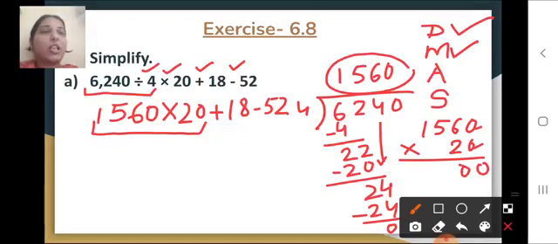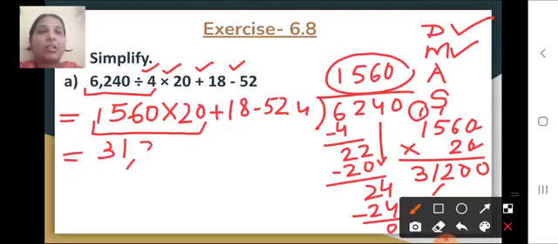And now we'll multiply 6 2s are 12. 1 will be carried over. So 5 2s are 10 plus 1, 11. And 2 1s are 2 and 1 is 3. After multiplication, we have got 31,200 plus 18 minus 52.